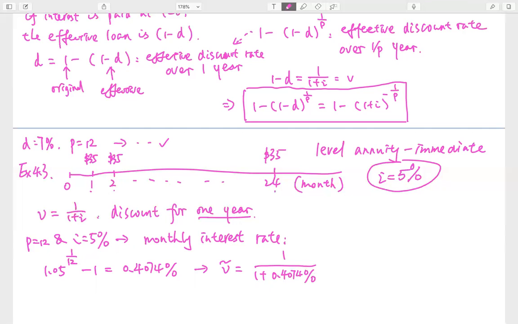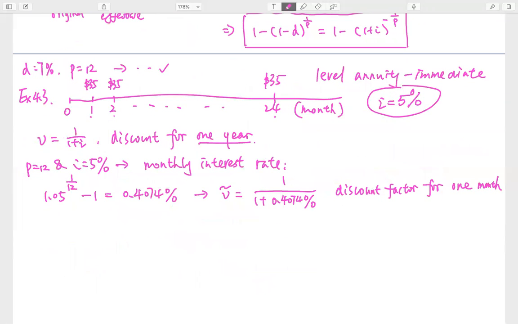This is the discount factor for 1 month.